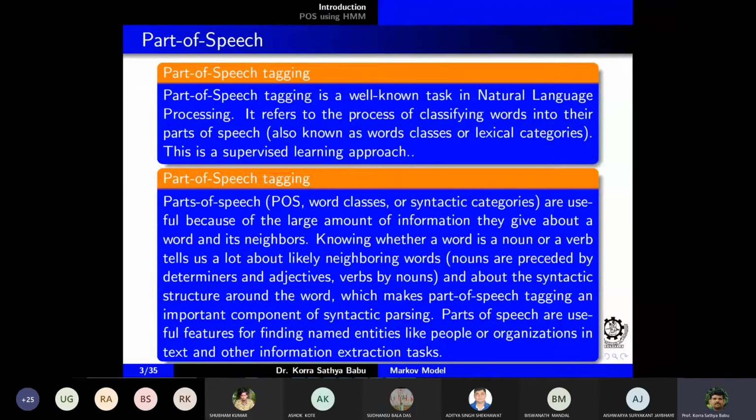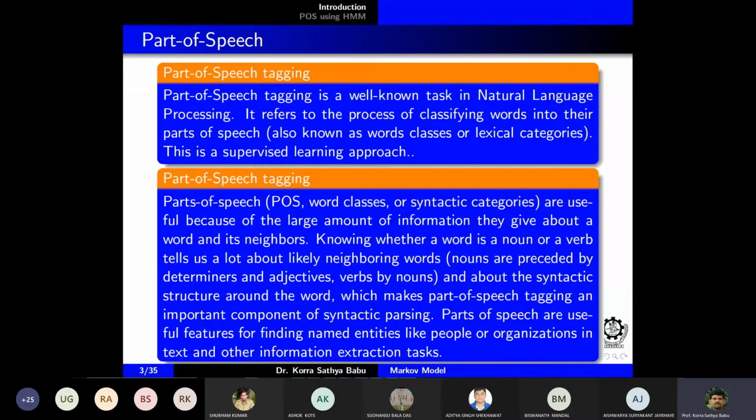Knowing whether a word is a noun or a verb tells us a lot about likely neighboring words. Nouns are preceded by determiners and adjectives, verbs by nouns. At least some basic information can be known, right?